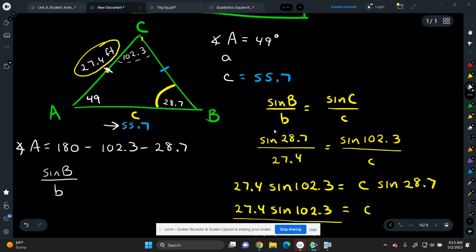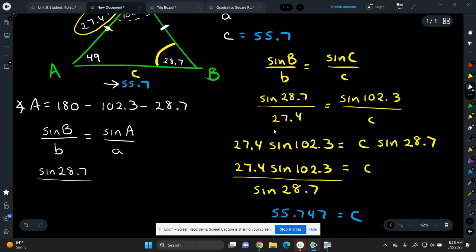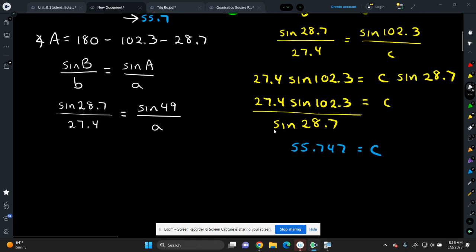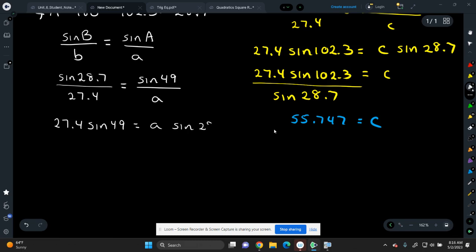They gave me angle B and side B. And we're going to set this equal to, now we're trying to find side A, so it'll be equal to sine of A over A. So this is going to give me sine 28.7 over 27.4, and that will equal sine 49 over A. Okay, cross multiplying. 27.4 times the sine of 49 equals A times the sine of 28.7.